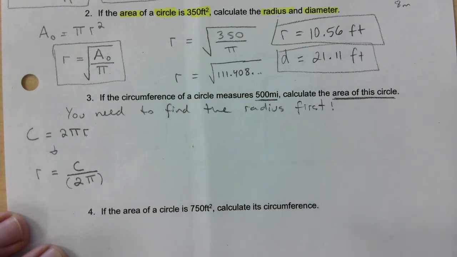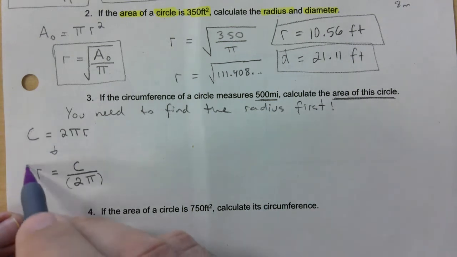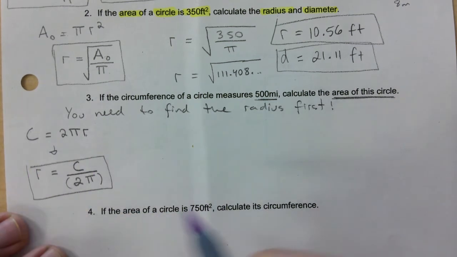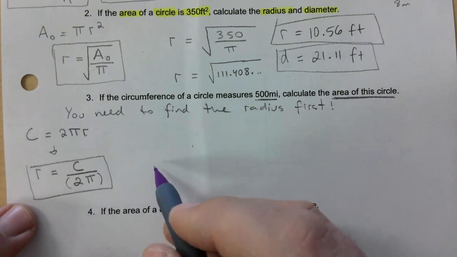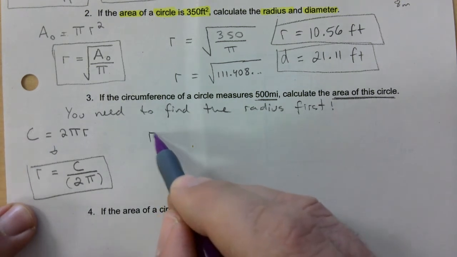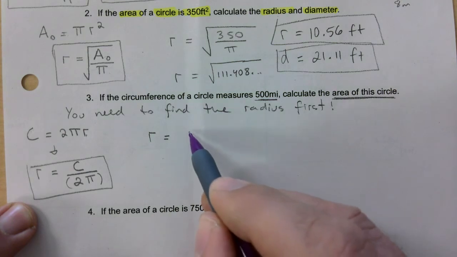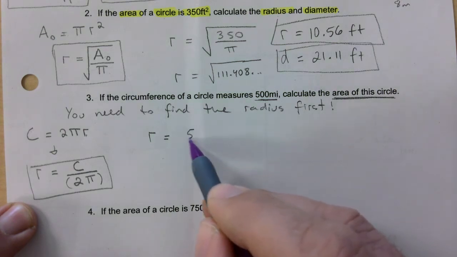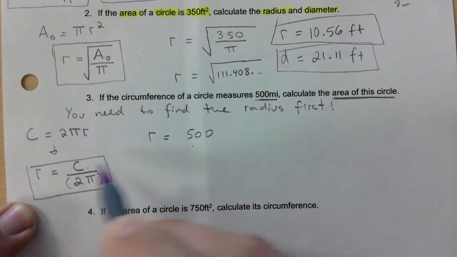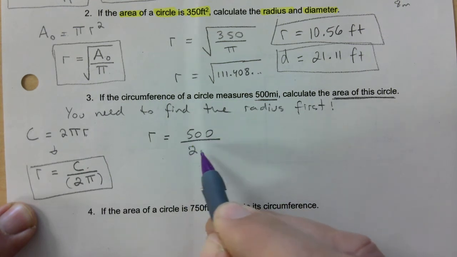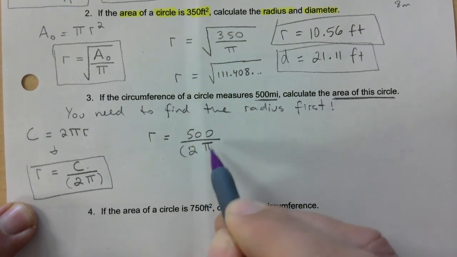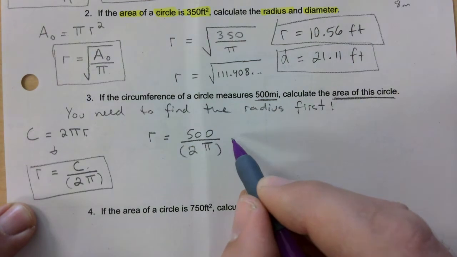Make sure that is in brackets. Again, box this in so you have it ready to go. So the radius in this case is the circumference, which is 500, that comes from my formula here, divided by 2 pi.